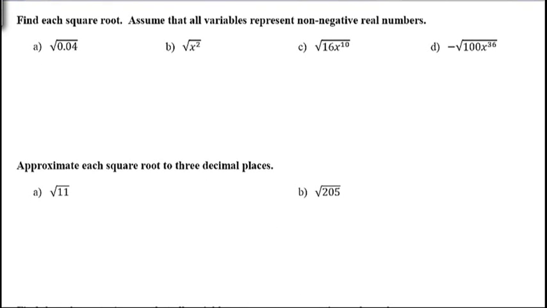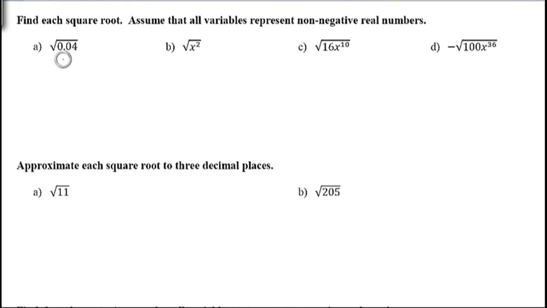Okay, so we're going to look at finding some square roots, and we are going to assume that all of the variables represent non-negative real numbers, so we won't have to worry about putting the absolute value bars around the variables.